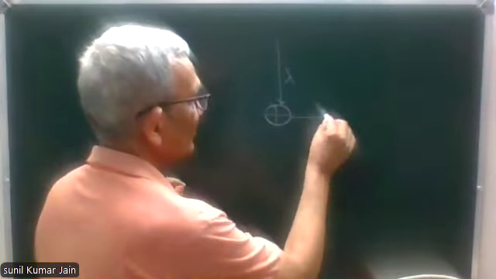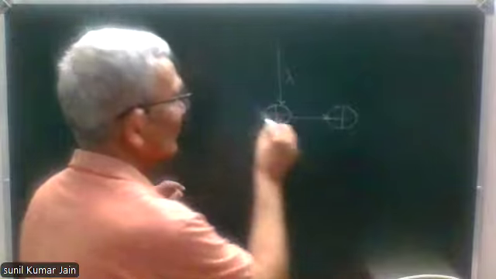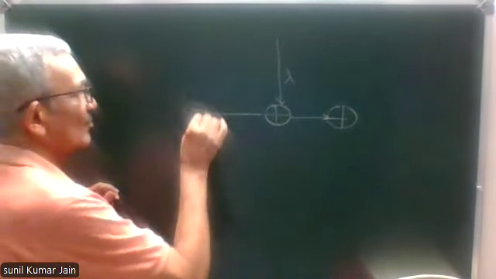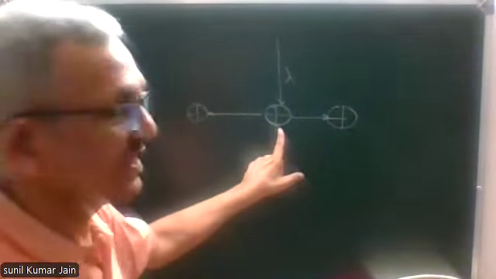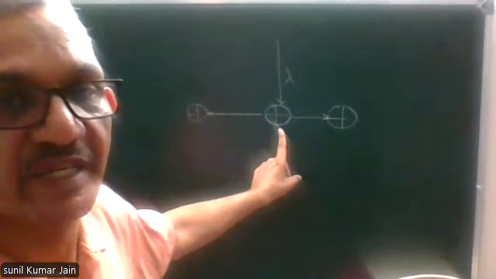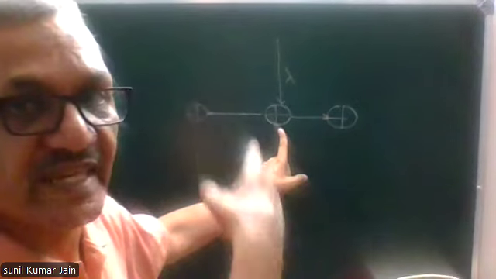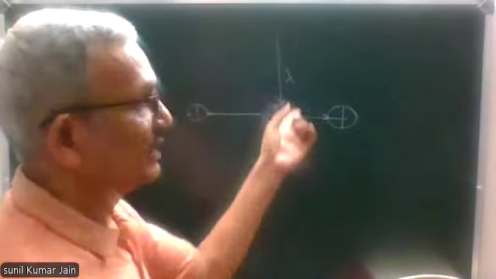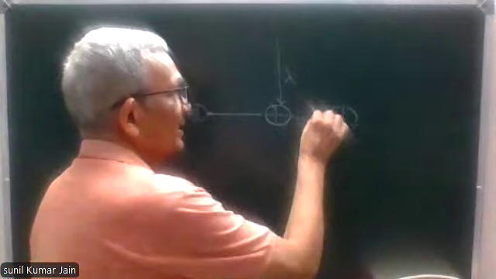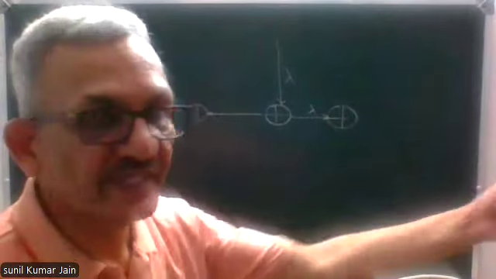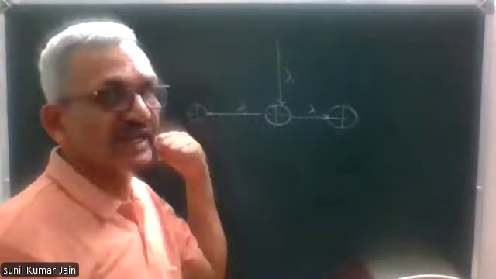It means if this is the exact position of the particle, I'll not be able to see this particle at its exact position. Rather, I'll be able to see it either lambda to the right or lambda to the left.